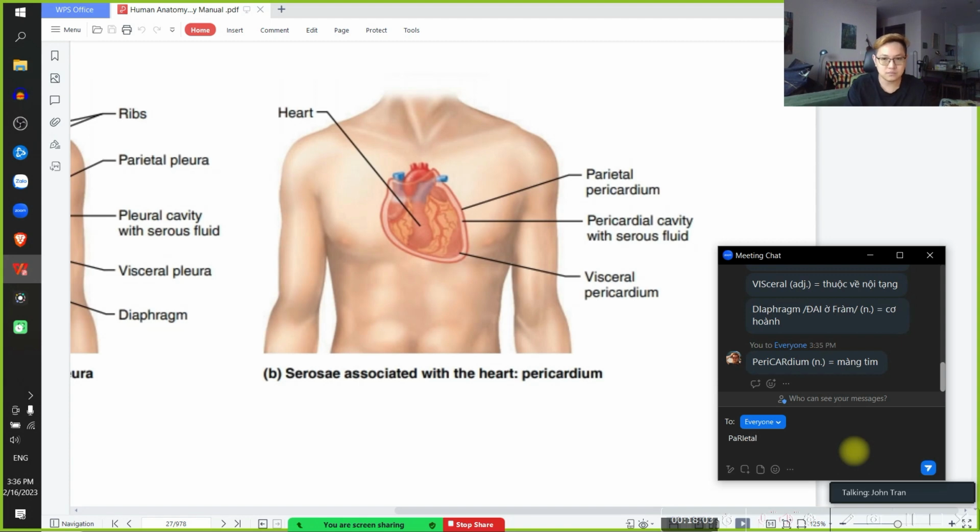Parietal and visceral pericardium are separated by a pericardial cavity with serous fluid.